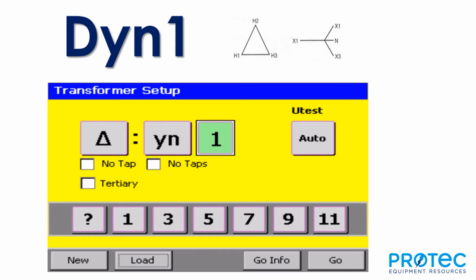We also put the diagram up there, but we wanted to show you a screen of one of the pieces of test equipment. You'll see that the primary and the secondary of the transformer are separated by a colon. The very first one is a triangle, so that's the primary. Primary always comes first. We'll show a delta, and in the secondary, on the other side of the colon, you see a Y with an exposed neutral, and then the 1 indicates the 30-degree shift between the two.